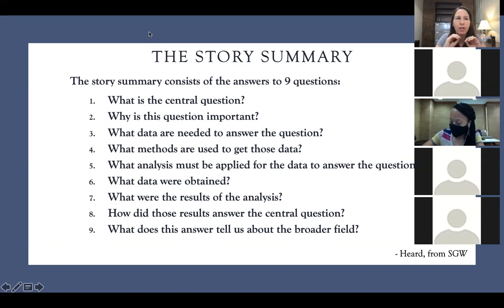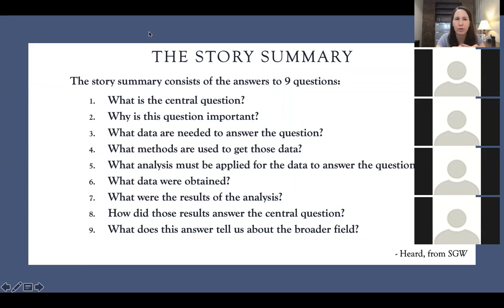So you need to frame your research within a larger research conversation that you're going to set up in your introduction. So this process can help you figure out how you're going to frame your research within a larger research conversation.